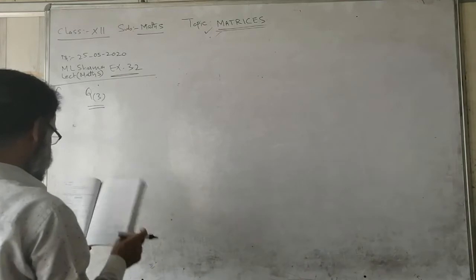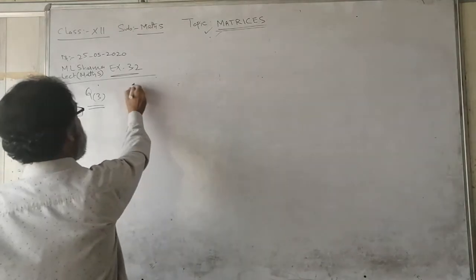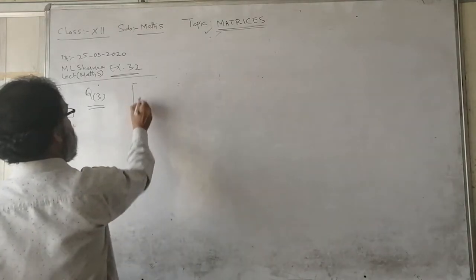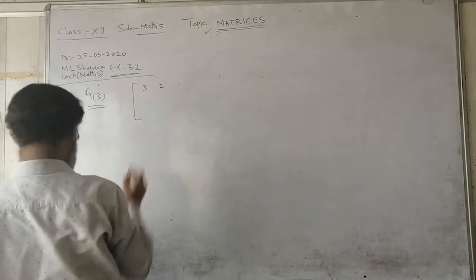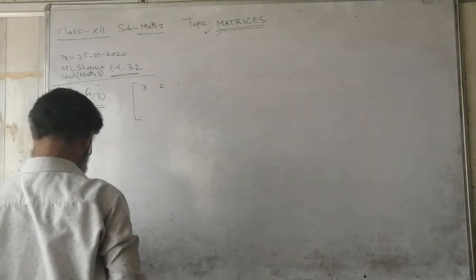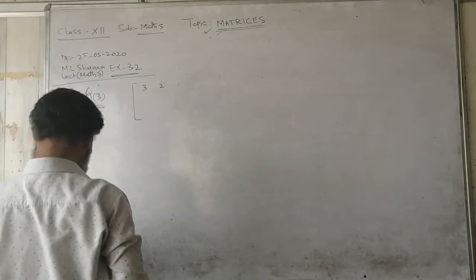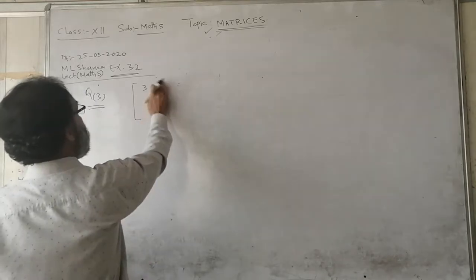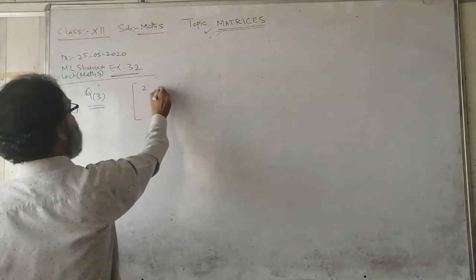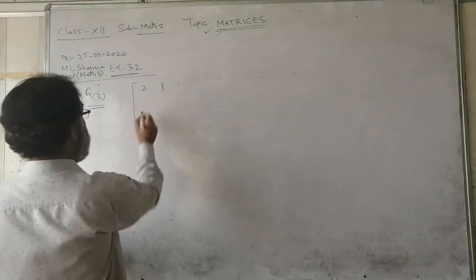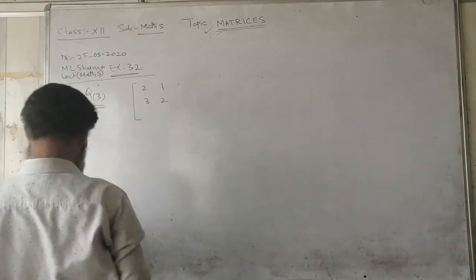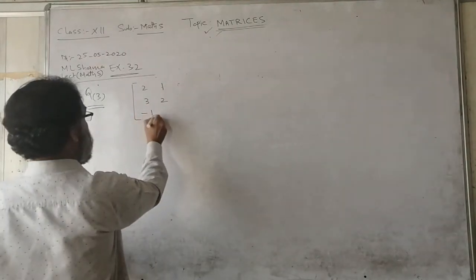The other part: 3, 2, 2, 1, 3, 2, minus 1, 1.